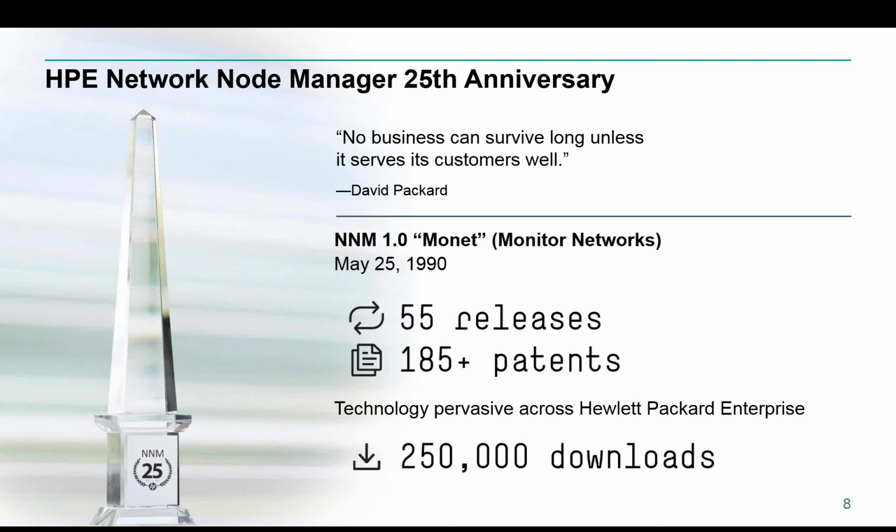We're taking embedded intellectual property that we've developed and brought to market in our tool and sharing that with other parts of HPE to bring new capabilities to their tools as well. 250,000 downloads, and it's pretty rare, I think, to see a piece of software remain a relevant and critical part of our customers' management environment over 25 years.